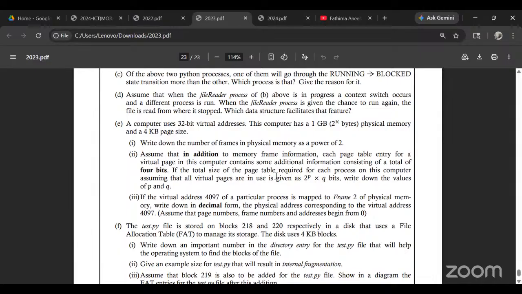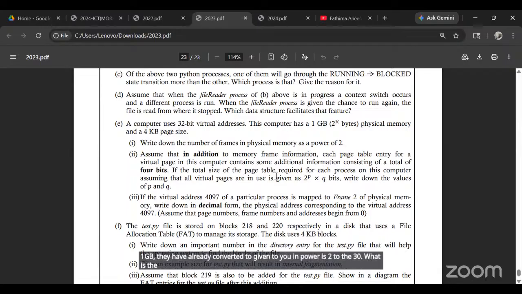Now simply, 1 GB they have already converted and given to you in powers of 2, 2 to the 30. What is the page size? 4 KB. I already did this, so I'm not going to do it again. When we convert 4 KB into a power of 2, what is it? 2 to the power?